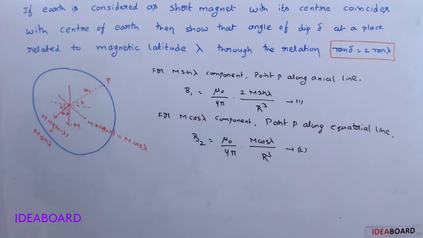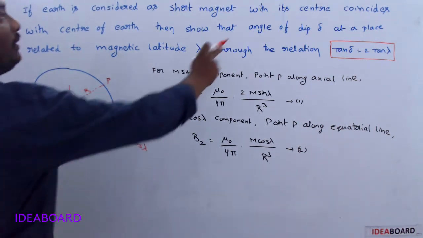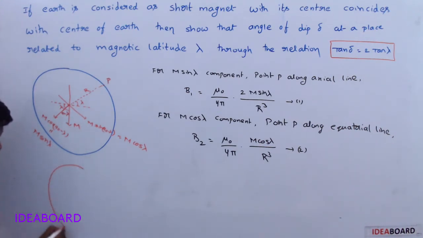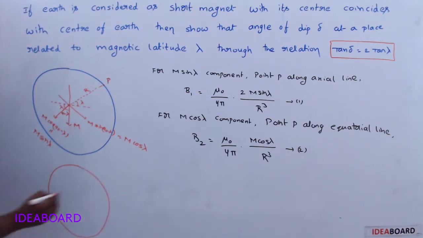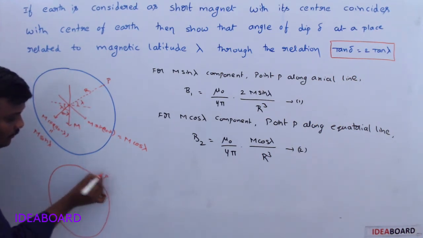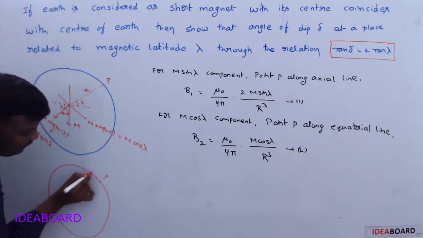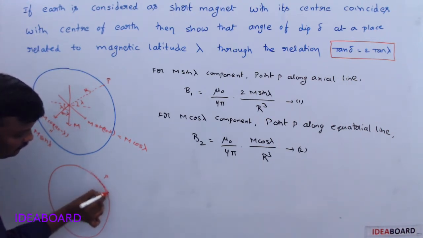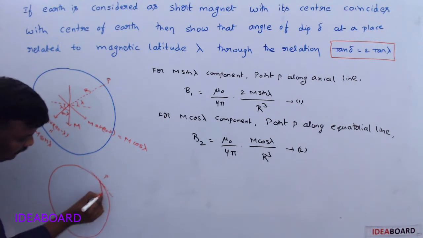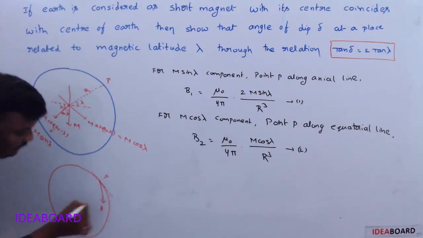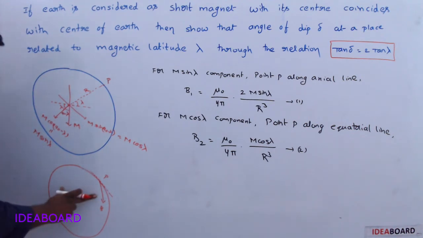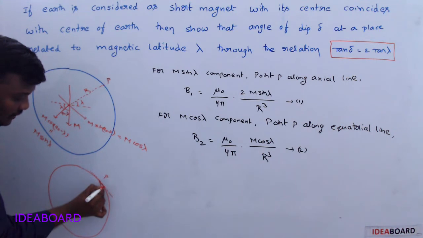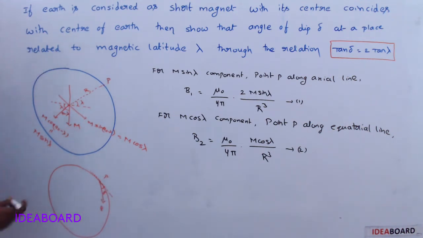Now what did he say in the question? He said angle of dip. This is the earth surface and this is the point P. At point P, with respect to the horizontal direction, the total magnetic field induction B of the earth's magnetic field always makes an angle delta.